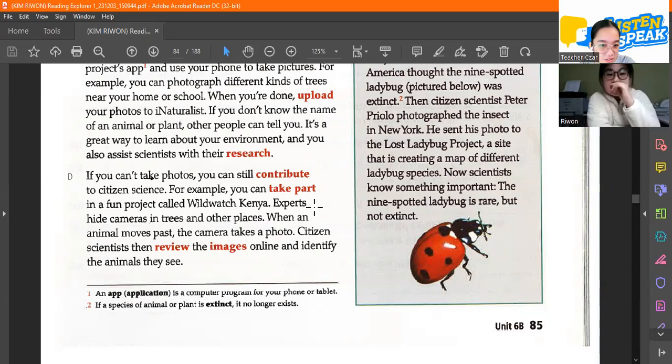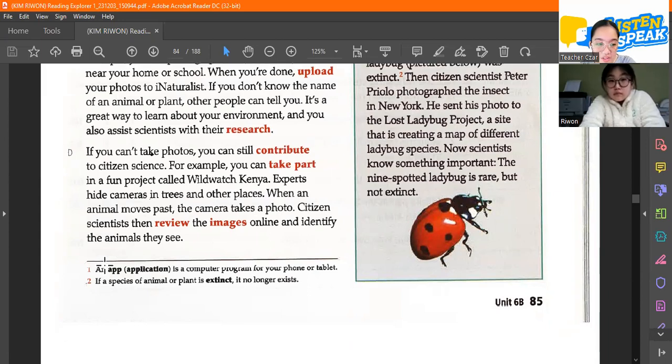Yeah. So like the experts in Kenya who hide cameras in trees and other places, they take photos of different animals that pass by. And then citizen scientists review the images online and identify the animal. So here, the word app is also called application, the program installed on your phone.